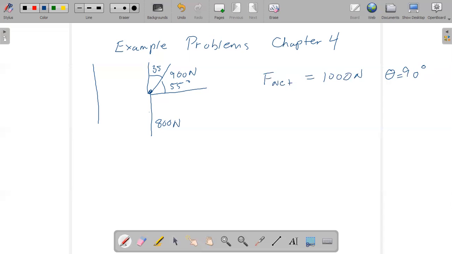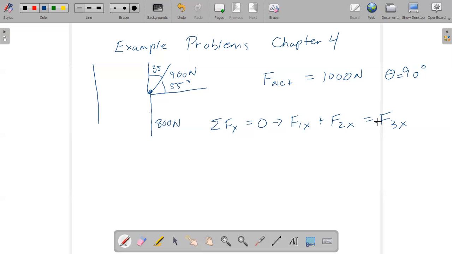What we always do when you have forces like this is sum the forces in the X and sum the forces in the Y. Sum of the forces in the X equals 0, right? The net force is 0. So this is going to be F1X plus F2X equals negative F3X.